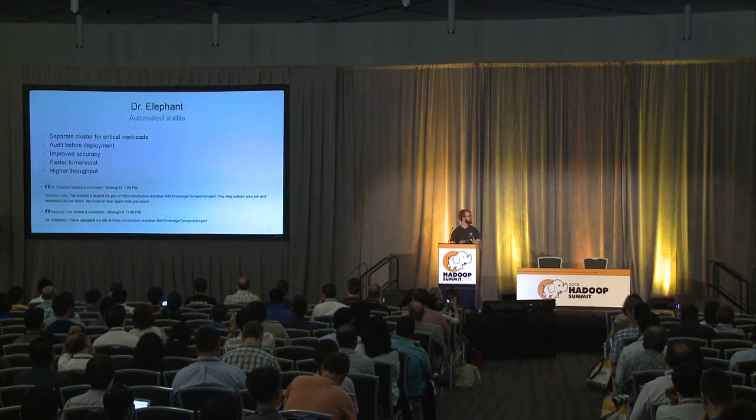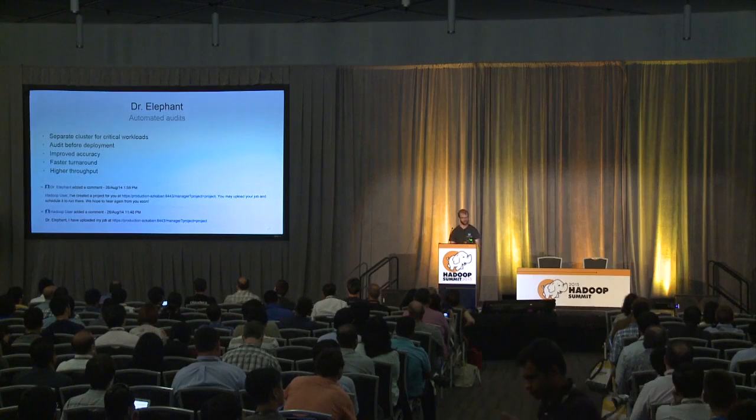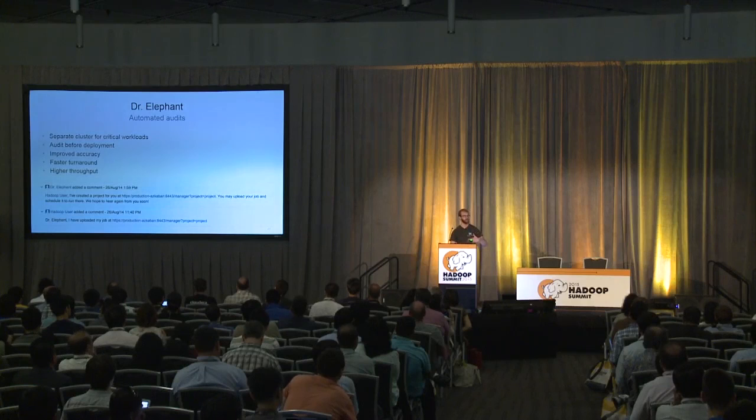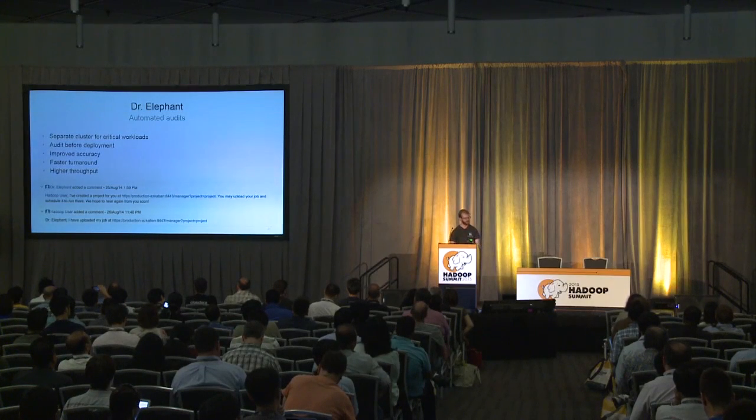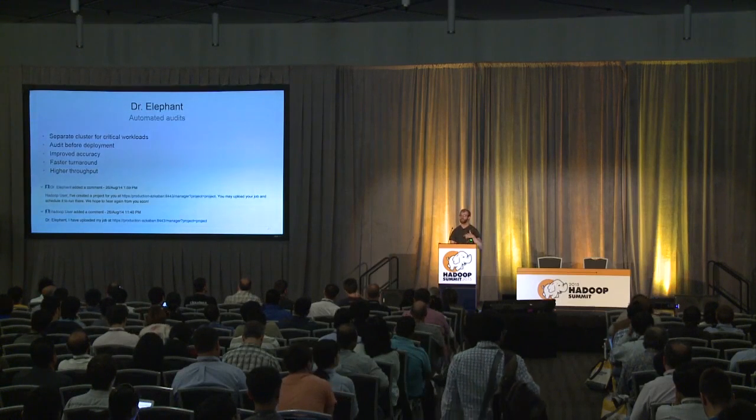This is something that we used to do a bit manually, and it was very difficult. But now with Dr. Elephant's REST API and some integration with Jira, we can actually automate this entire system and have users go through an audit of their workflow without us being involved in the process.